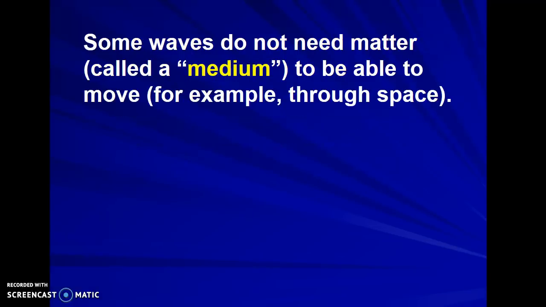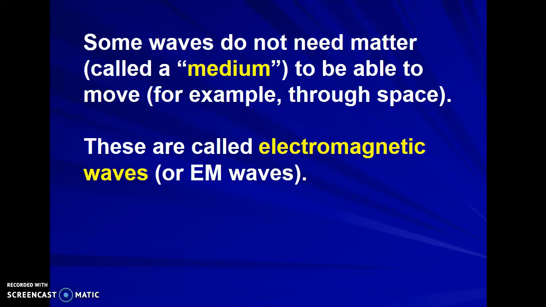Now, some waves have to have matter, which we call a medium. They have to travel through a medium. And some waves do not need a medium to travel through. They can travel through empty space, the vacuum that's in space. If a wave does not need to travel through matter, meaning it doesn't have to travel through a solid, liquid, or gas, it can just travel on its own, then those are called electromagnetic waves, or EM waves.